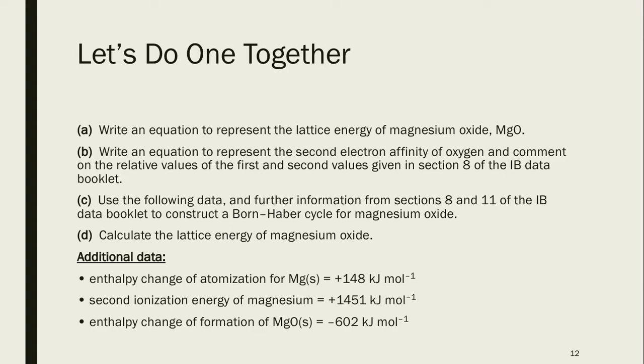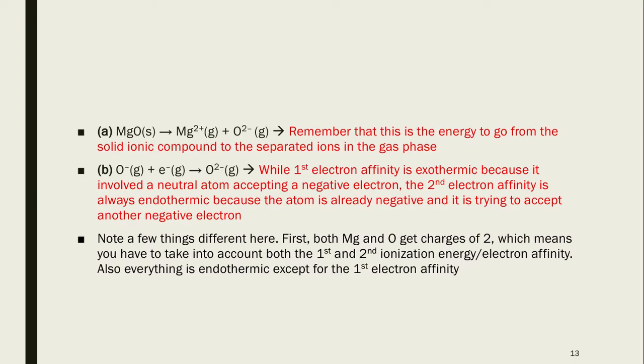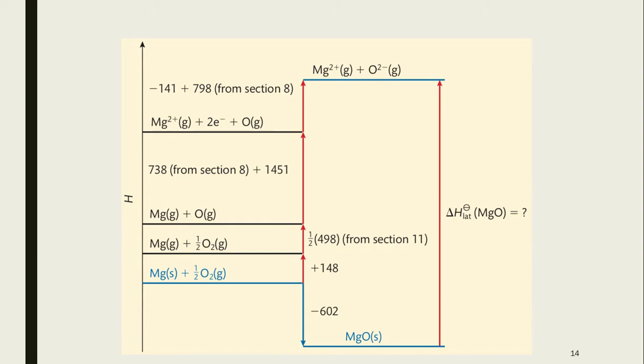So all of the information, you have to go to the data booklet or get the information from the problem itself. You can try to draw the Born-Haber cycle, use the previous example as a guide. But let's take a look at what we are going to do. You always start on the left-hand side with the elements in their standard state.